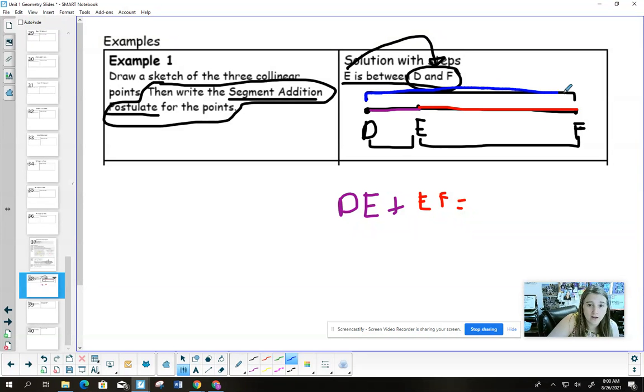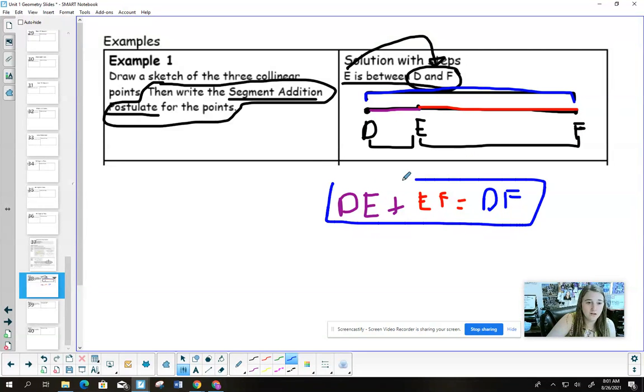This whole thing goes from D to F. So that is the segment addition postulate for those points. Again, all it tells us is one segment plus another segment equals the length of the whole segment.